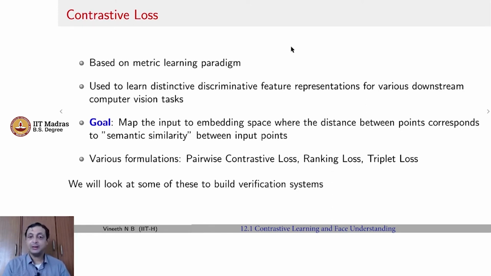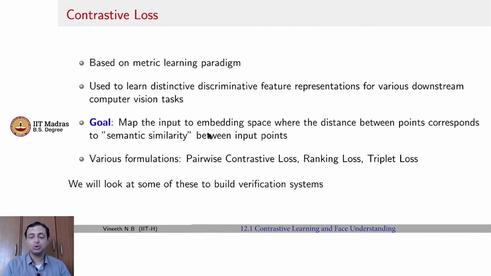So the same idea is now used to learn distinctive, discriminative feature representations for the task that you want to use these representations for. So in the face verification scenario, our objective is to map the input into an embedding space where the distance between points corresponds to semantic similarity.